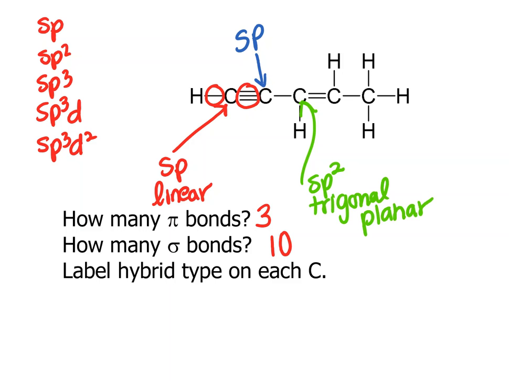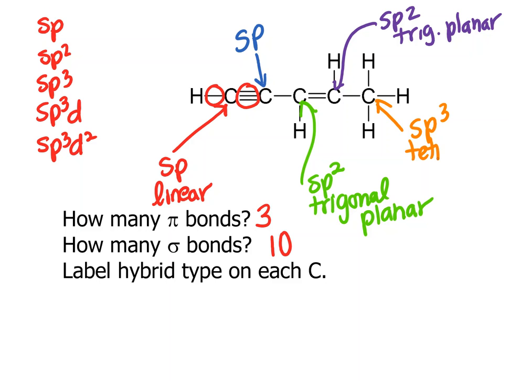If you ever take organic chemistry, which many of you will, it's good to be able to look at a molecule and know the geometry. This one has 3 electron groups. Again, it's sp2. It'll be trigonal planar as well. This one has 4 electron groups, so this is sp3, and it'd be tetrahedral.